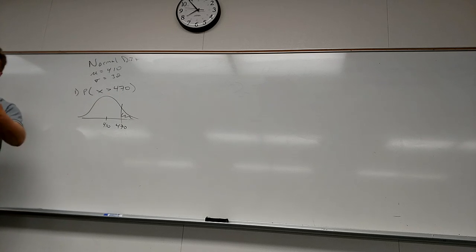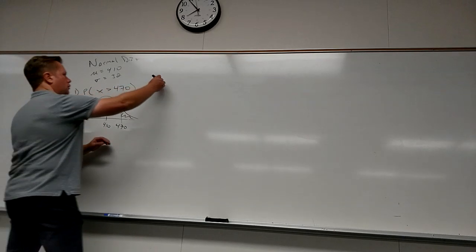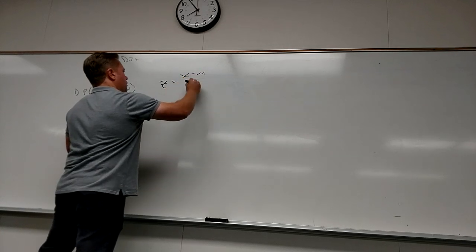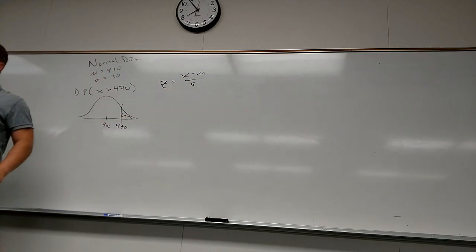All right. So what do I do to figure out this probability? It's amazing, right? I have this chart with all the answers waiting for me. I just have to make a z-score so I can use it. So the formula you should know by heart by now, this guy.